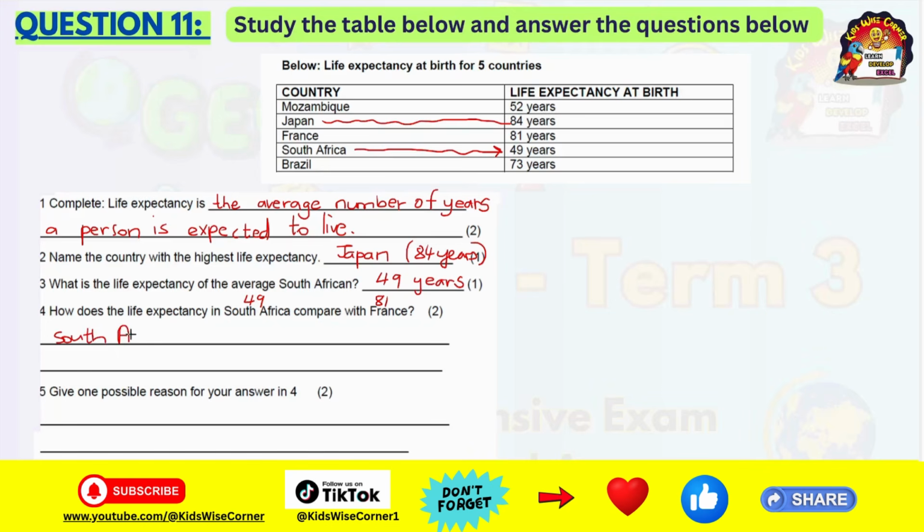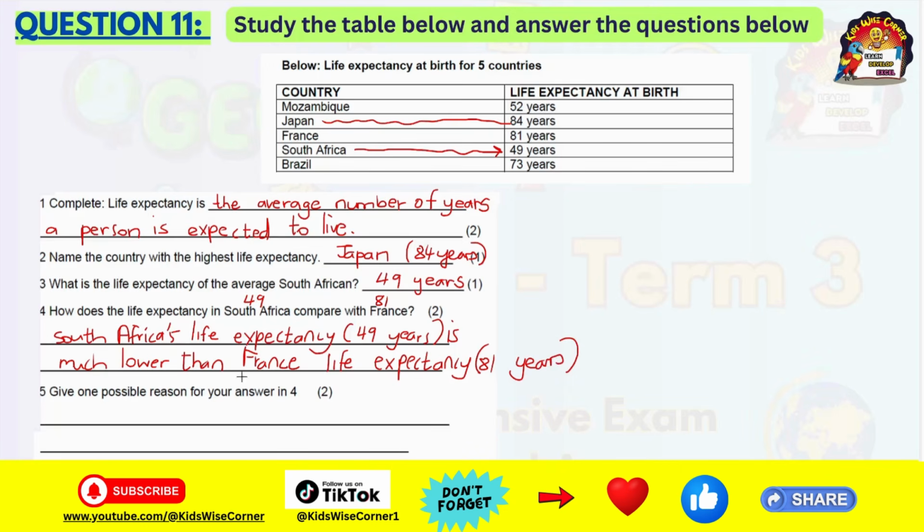We say South Africa's life expectancy, which is 49 years, is much lower than France's life expectancy, because France's life expectancy is 81 years.